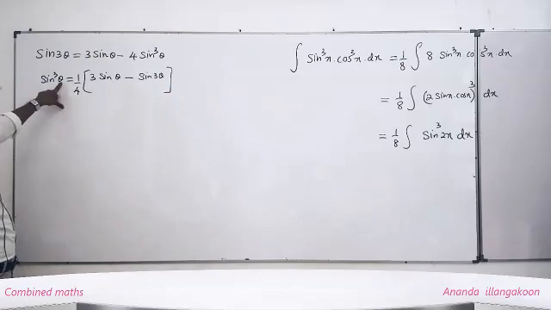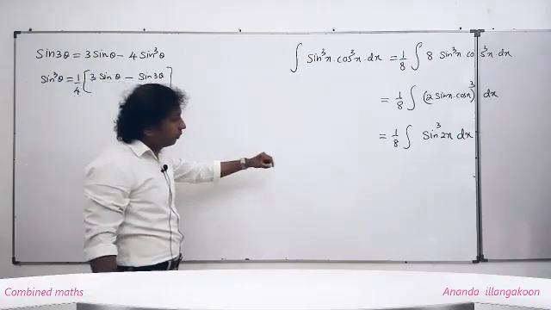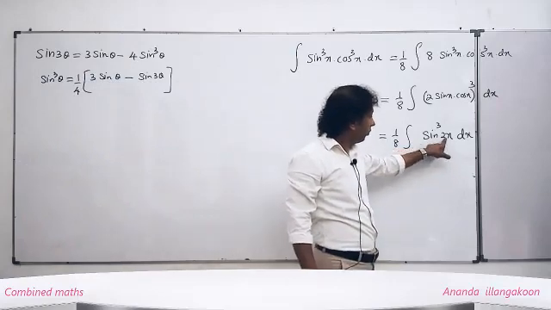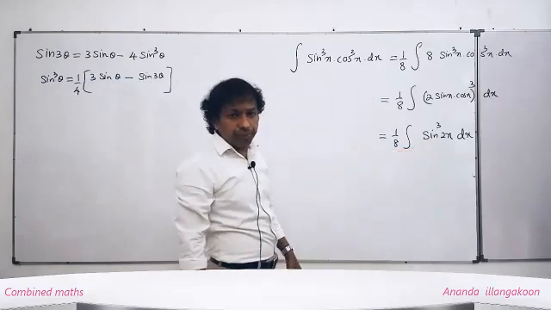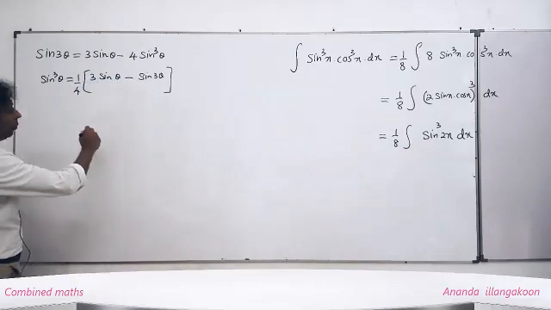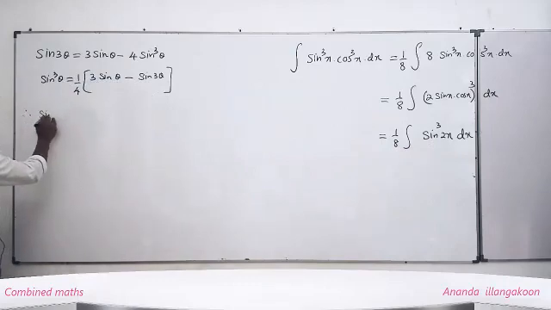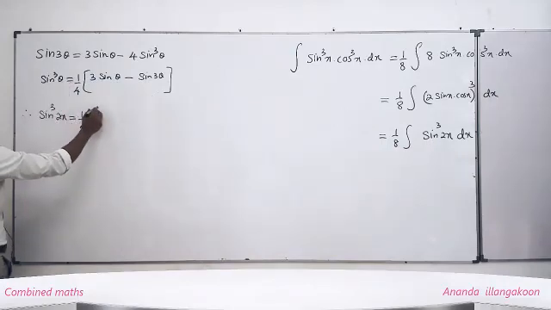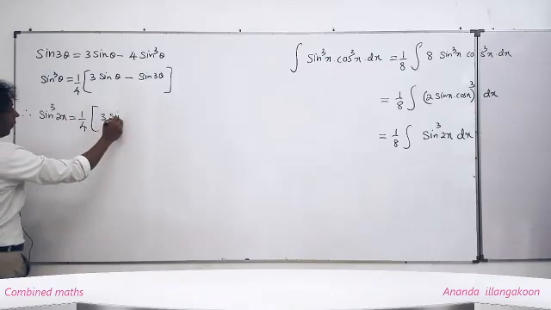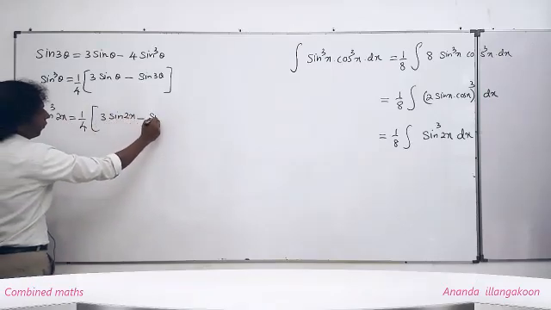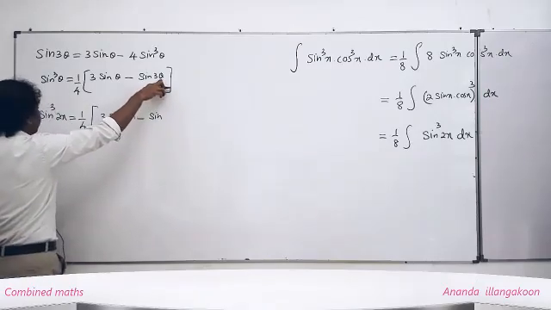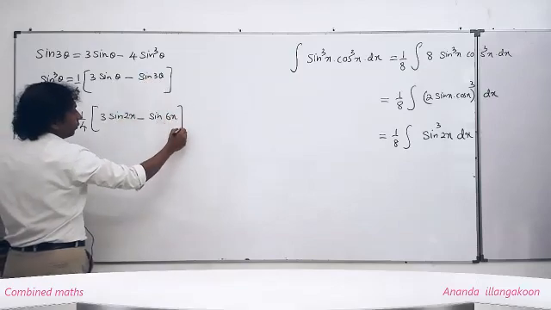Then, people, when you put 2x for this theta, we get this. Therefore sine cube 2x, substituting theta as 2x, we get 3 sine 2x minus sine 6x, divided by 4.